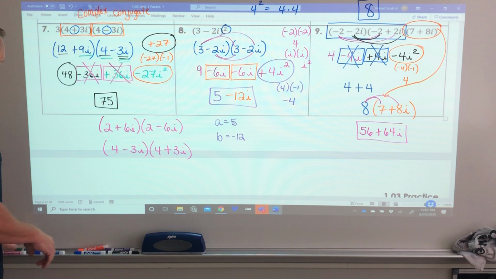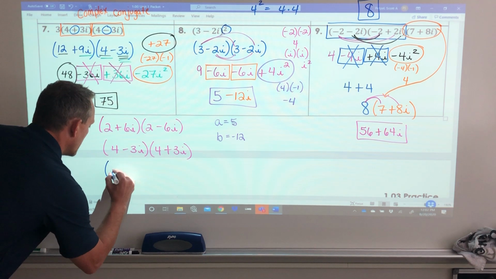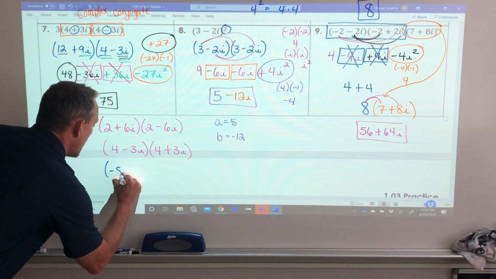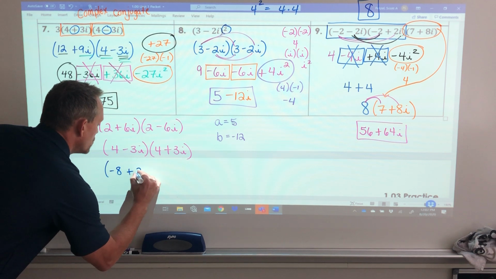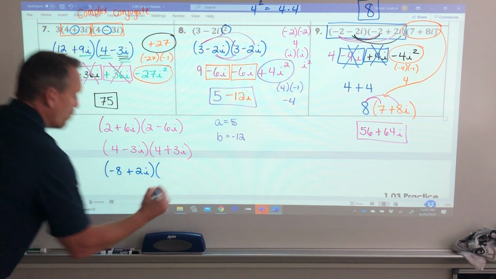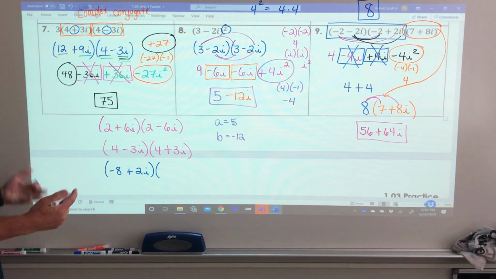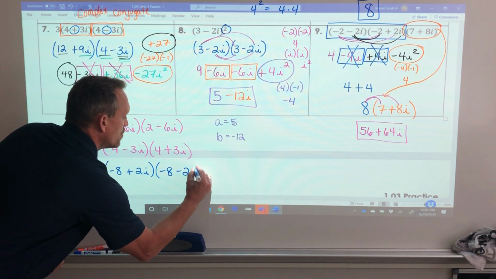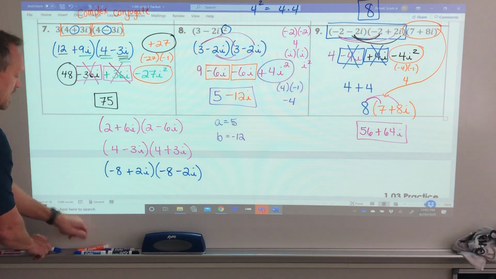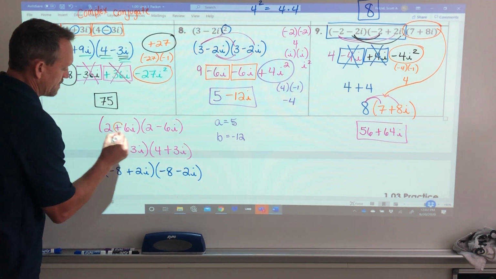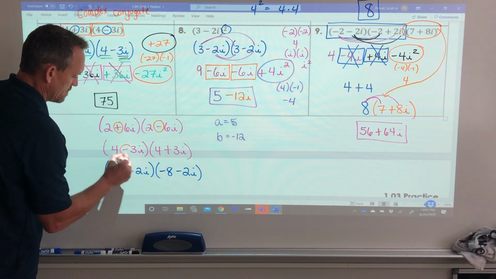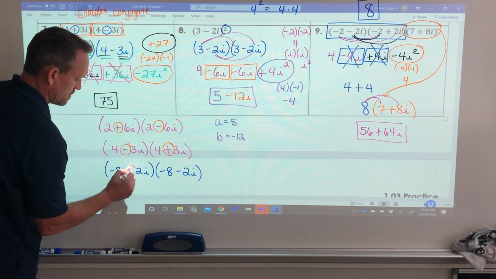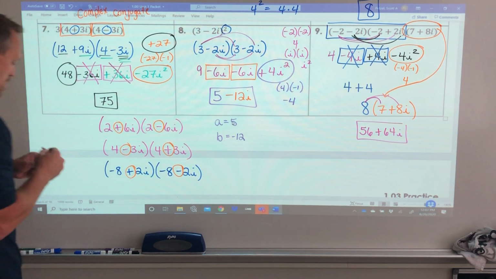The signs change. What if I had one like this, negative 8 plus 2i? What would its conjugate be? Negative 8 minus 2i. The only things that are changing are those.